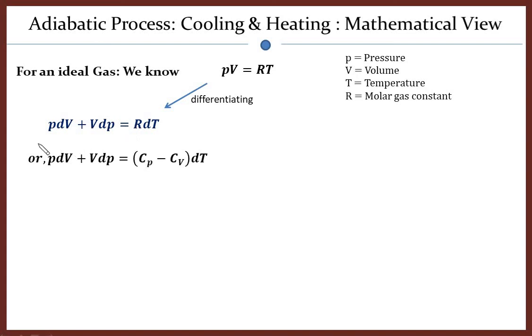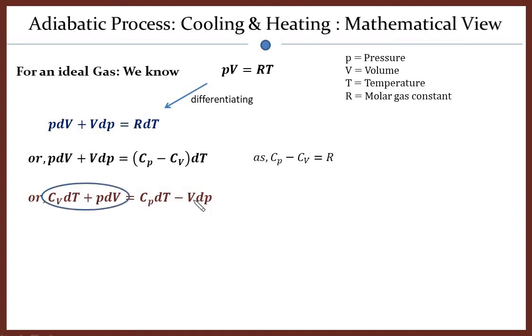The equation will stand like this. Just rearrange this equation, bringing Cp to one side and Cv to the other side. So we will have Cv dT plus P dV equals Cp dT minus V dP. Just look at this expression, Cv dT plus P dV. It looks familiar.